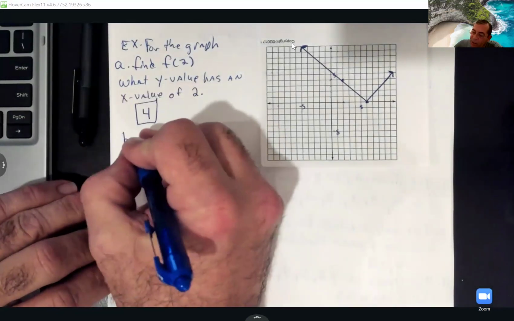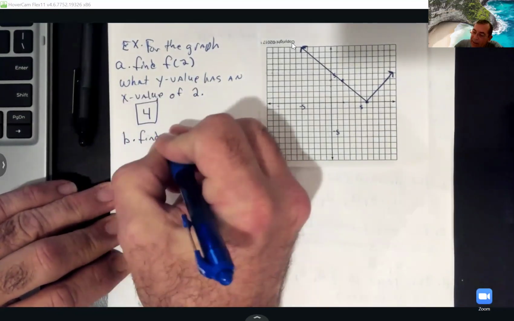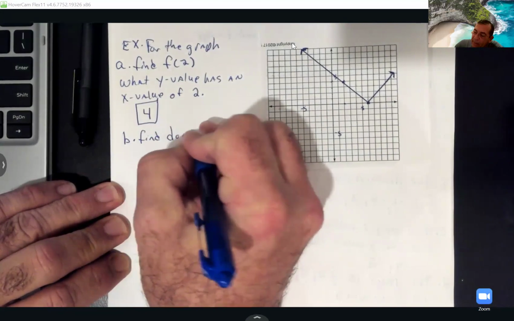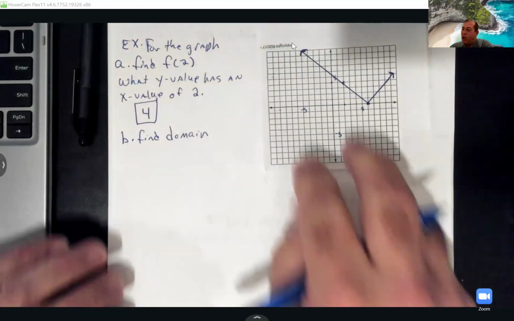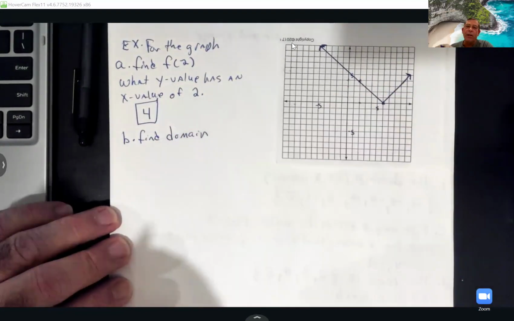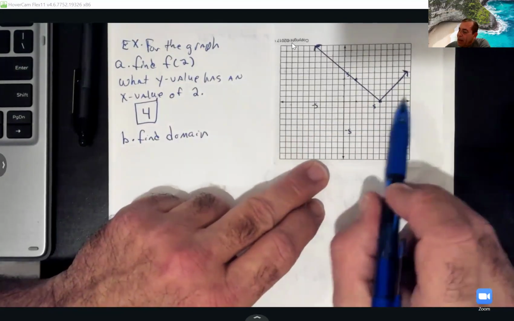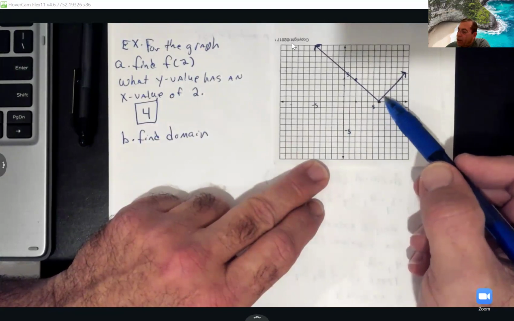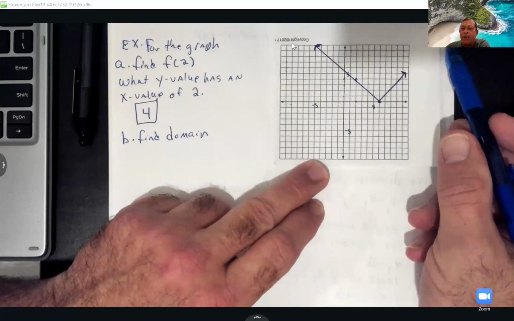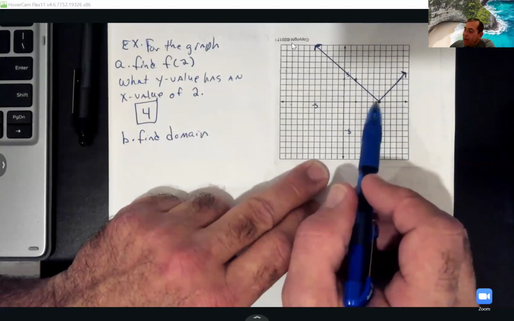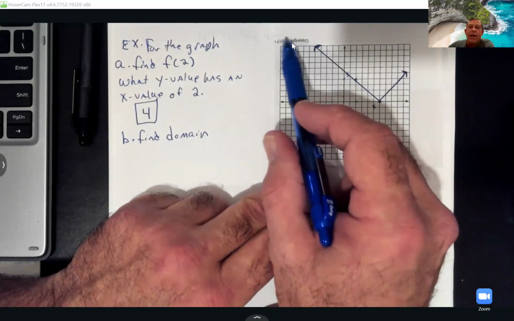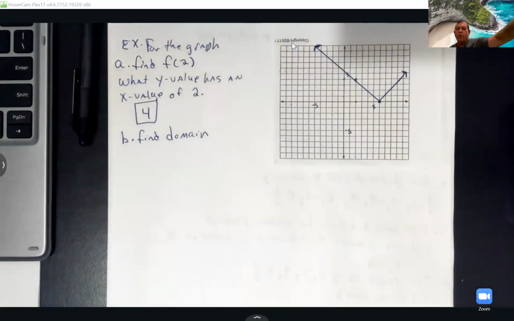All right, then they want us to find the domain. So this will be a new one for you, new lingo for you. But y'all look at this. The x values, this graph goes to the right forever towards infinity. This graph is going to the left towards what we call negative infinity.